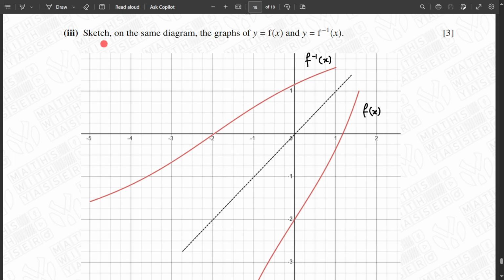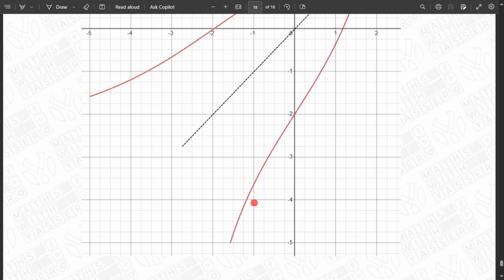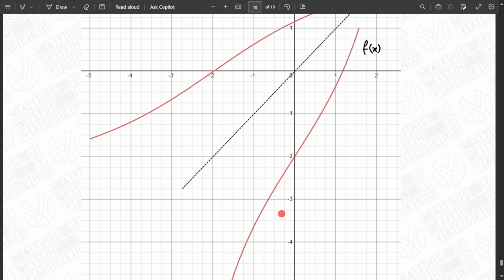In part 3, it says sketch on the same diagram the graphs of y equals f of x and y equals f inverse of x. So for f of x, as you can see, we have the domain over here, minus pi by 2 is over here.